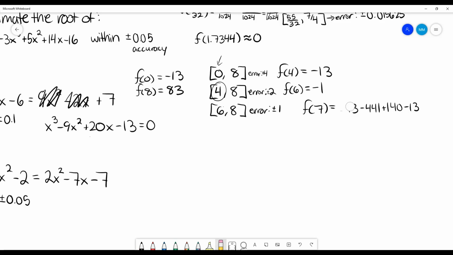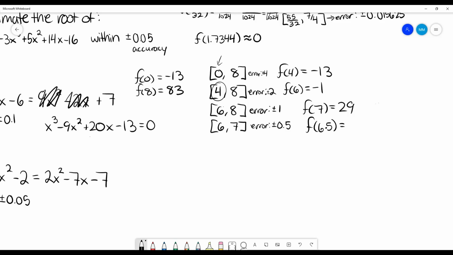That's going to get us a positive 29. So we're going to replace this 8 now. So now I've got 6 to 7 with a maximum error of give or take 1/2. Now we're going to get into some ugly numbers.